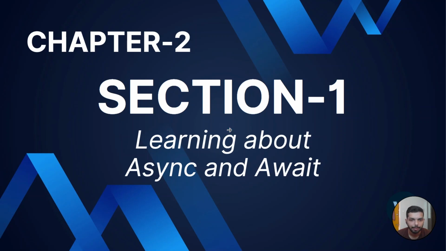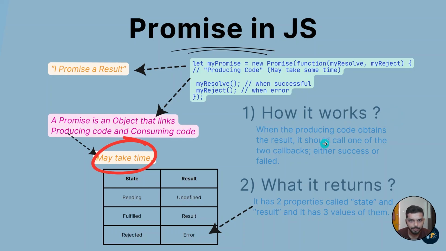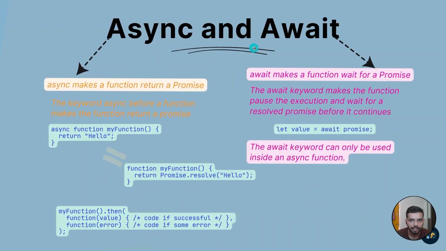Section 1 of chapter 2 includes learning about async and await. We got to know about promises, and a promise is nothing but an object that links the producing code and consuming code. Async and await are the two keywords that make our life easy when we use these promises.